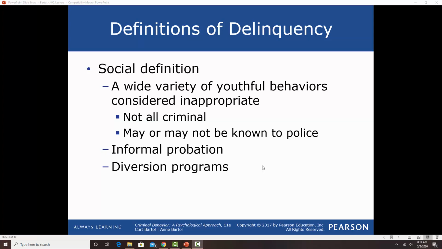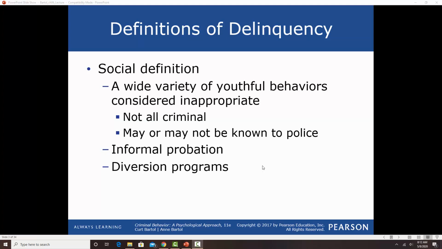Not all delinquent behavior is criminal, again, particularly with the status offenses. I did mention back in chapter 1 that it is a high category of that dark figure of crime because not all juvenile delinquency criminal behavior is reported to the police.